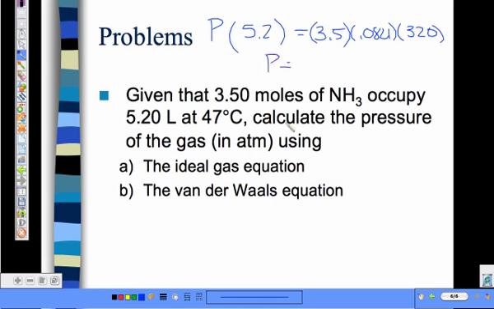So using the ideal gas law equation, what's our pressure? 17.7?